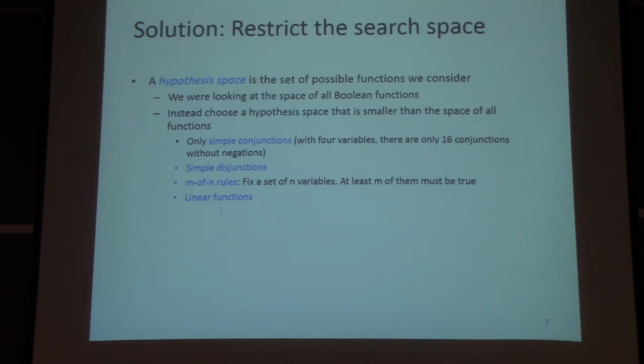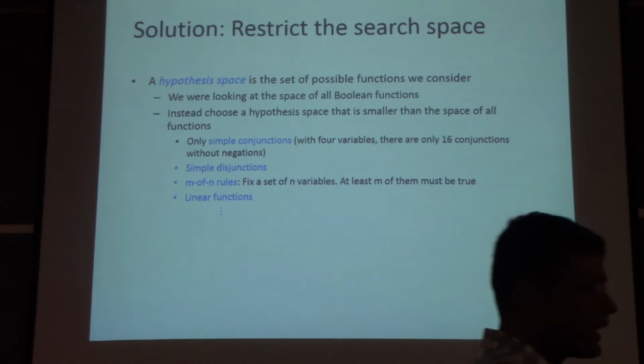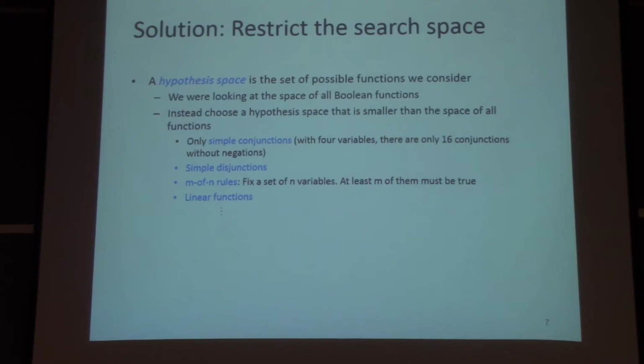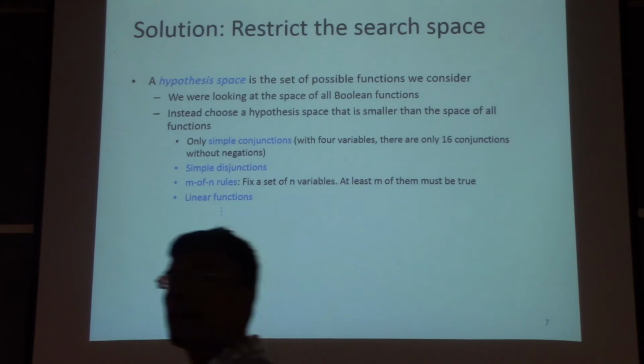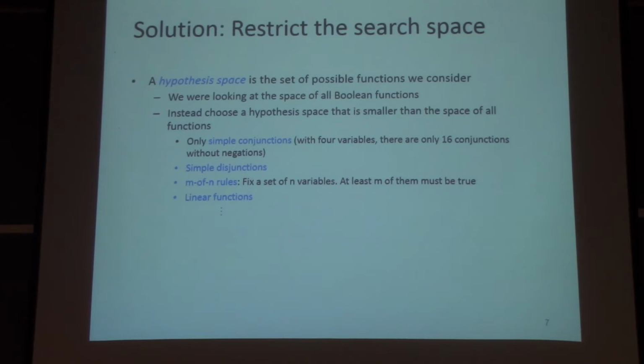So the hypothesis space is not the set of all functions that exist, but it's a set of functions that the learning algorithm considers. And one of the most important tricks is to realize that learning is impossible without restricting the hypothesis space. Generalization is helped if the number of functions you search is smaller.